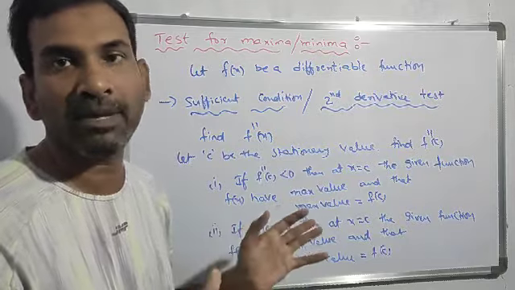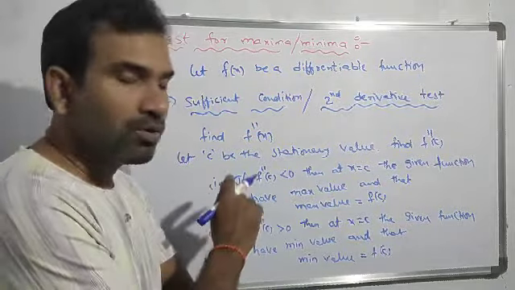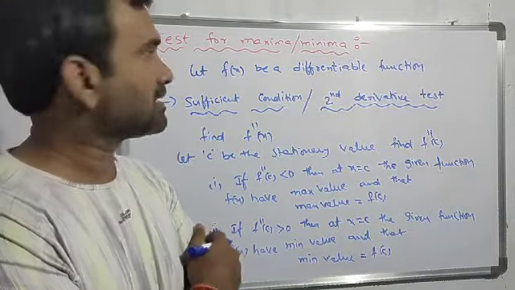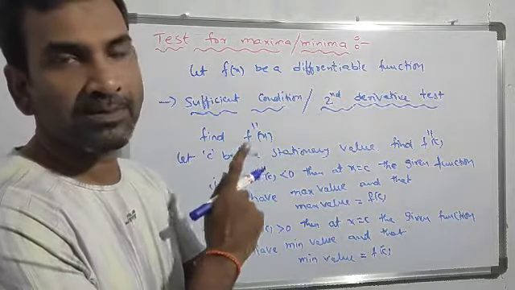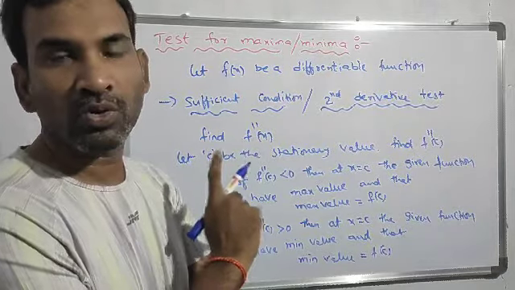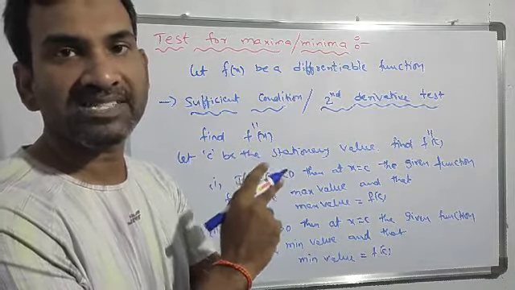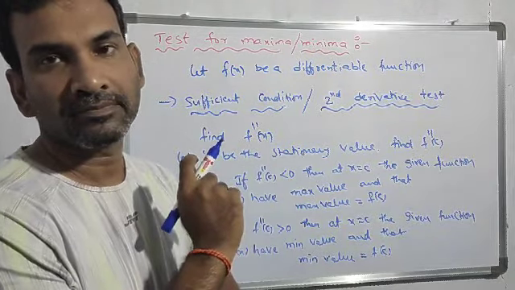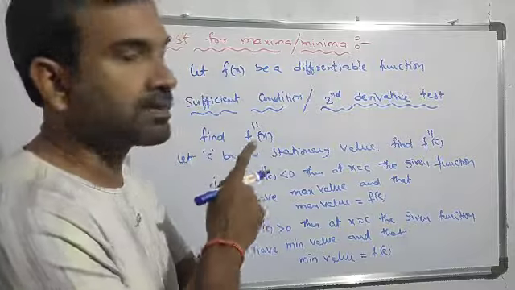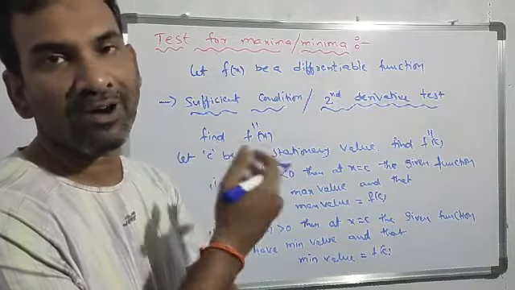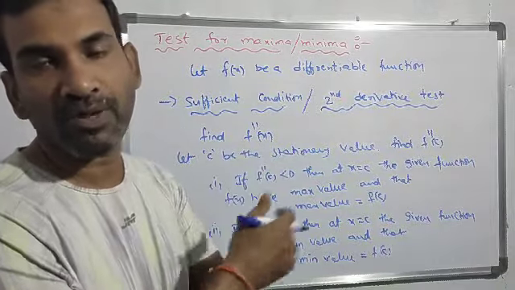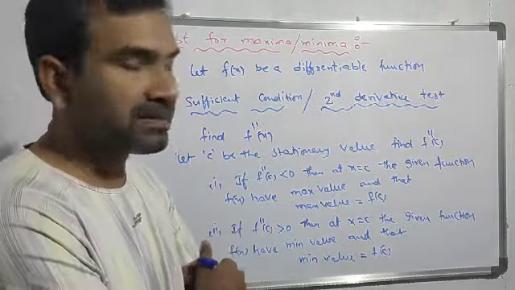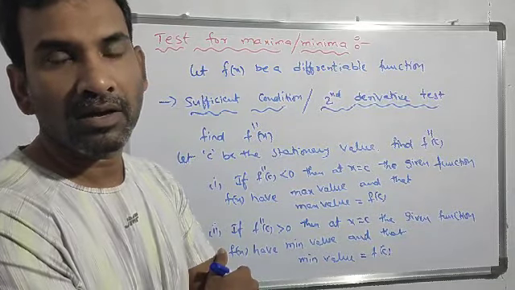So to test the maxima or minima, we compulsorily have to do two tests: the first derivative test and the second derivative test. Understand? According to this, we have to solve the problems. This is the method. Okay, right.